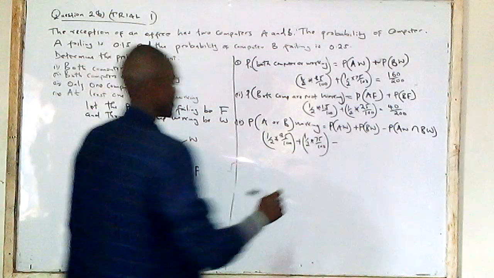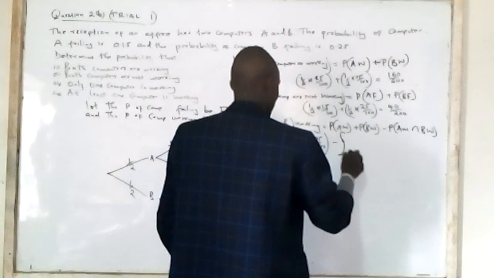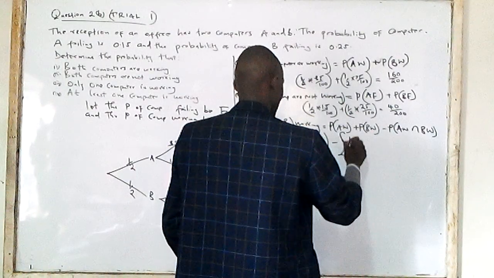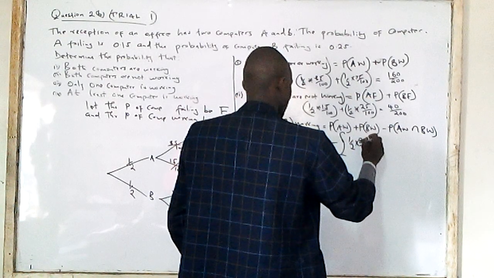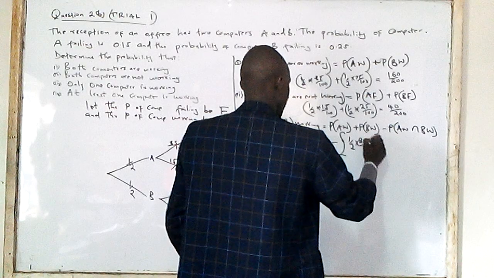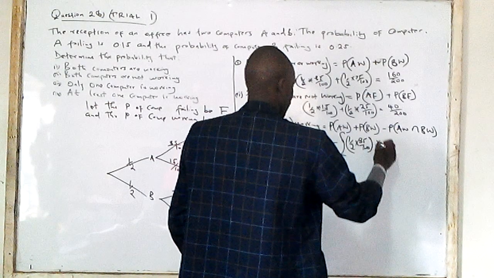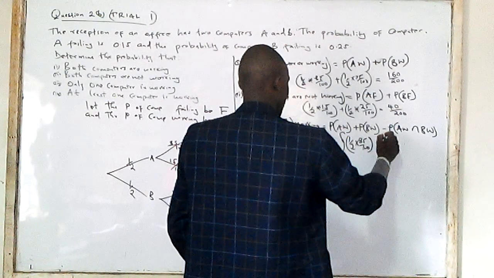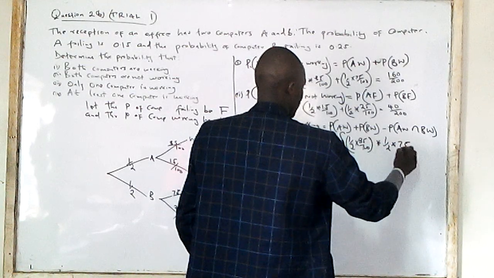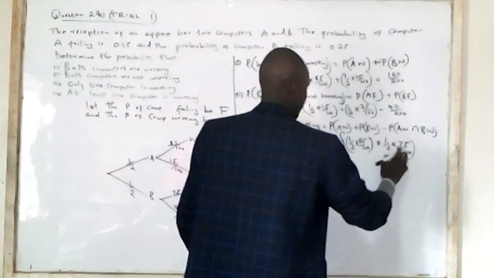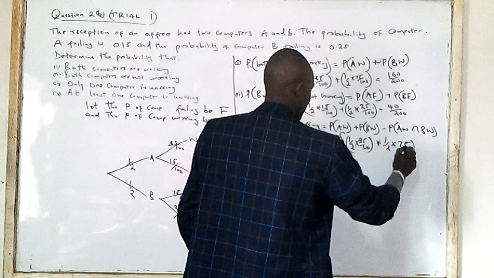So it's an intersection of a half times 85 over 100 times a half times 25 over 100.